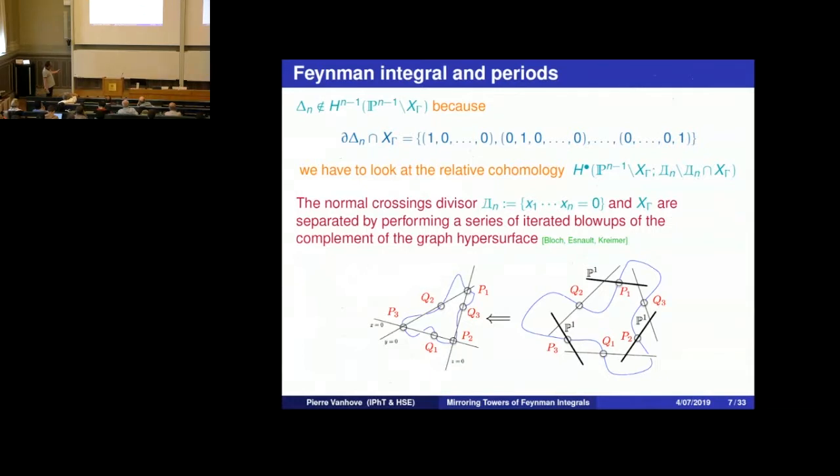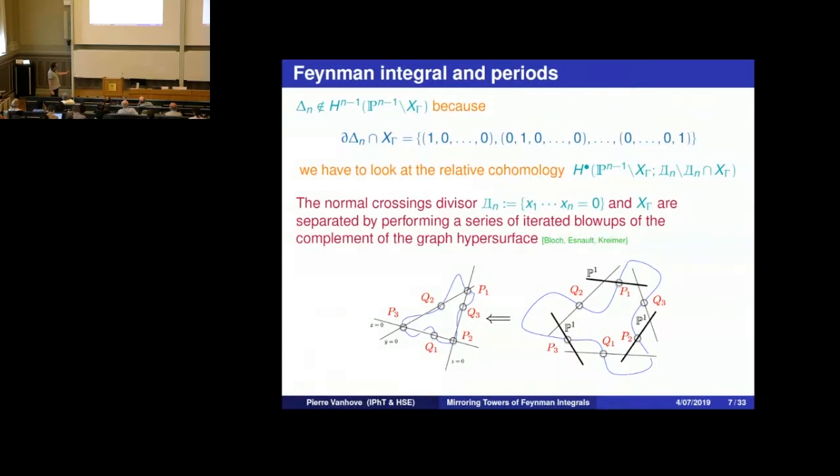For example, in the case of a two-loop graph, which I discussed in some previous String-Math talk, based on some analysis I did with Spencer Bloch, the elliptic curve will go through this point, and essentially you will have to do a blow-up.